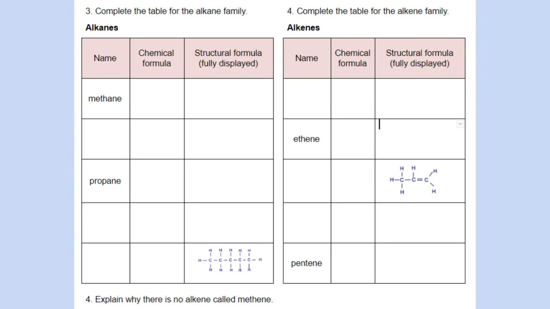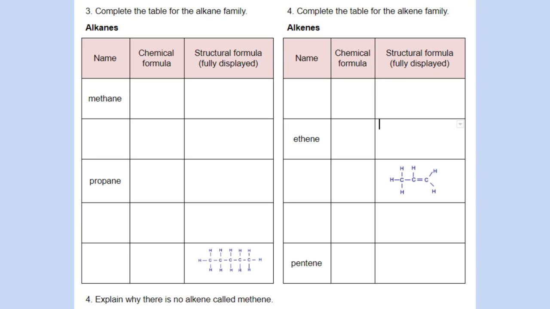Have a go at filling in these tables. Alkanes we did a couple of lessons ago. See if you can remember them. If you can't, then go and watch a YouTube video, look at your notes, see if you've made flashcards. You need another way of remembering it, okay? On the right hand side, you've got a table of alkenes. That's this lesson. You should be able to fill that in very easily.